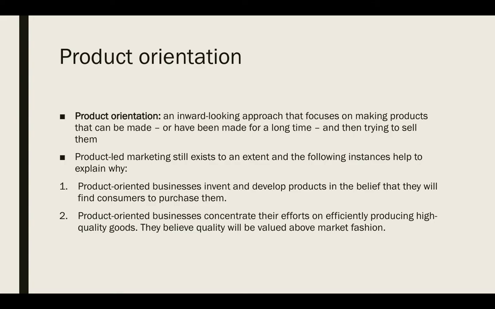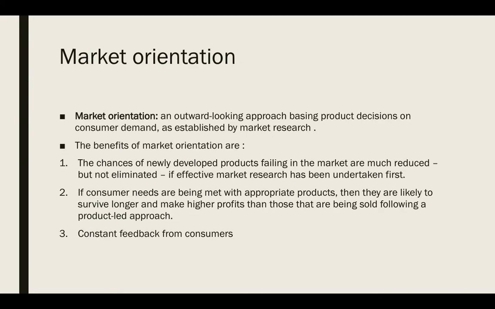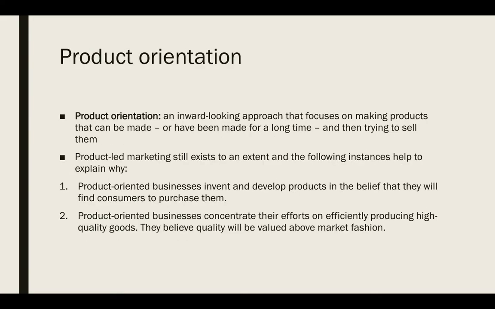So they created the product not based on any demand, not based on any consumer, but based on their business, based on what they're good at doing. That is the difference between market orientation and product orientation. Again, market orientation is when they're focusing on the market, and product orientation is when they're focusing on the product.